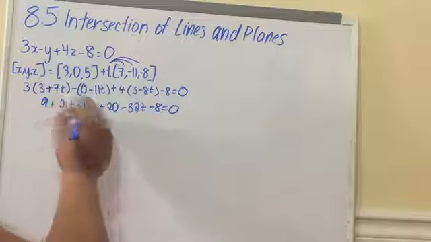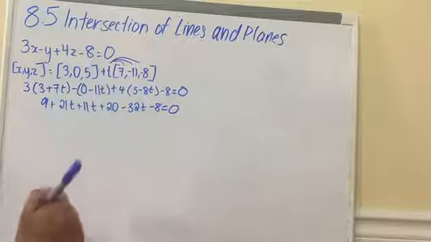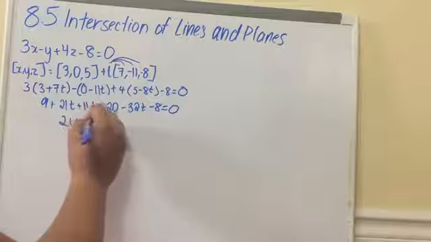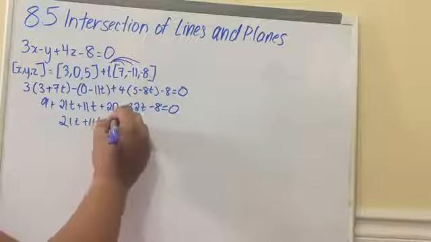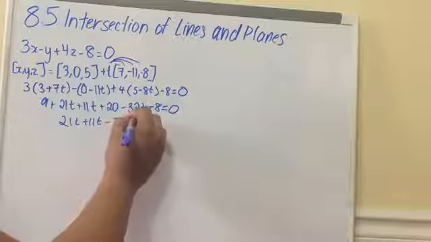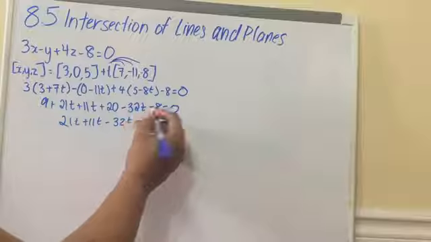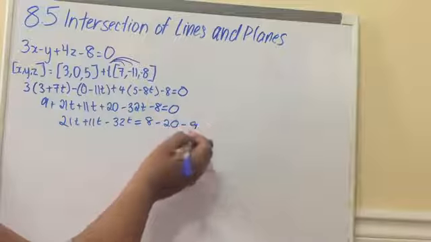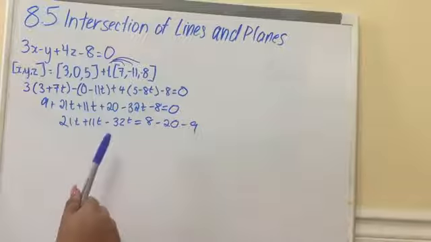And we're going to put all the like terms onto one side. So 21t plus 11t minus 32t is equal to 8 minus 20 minus 9. And now we're going to solve for t.